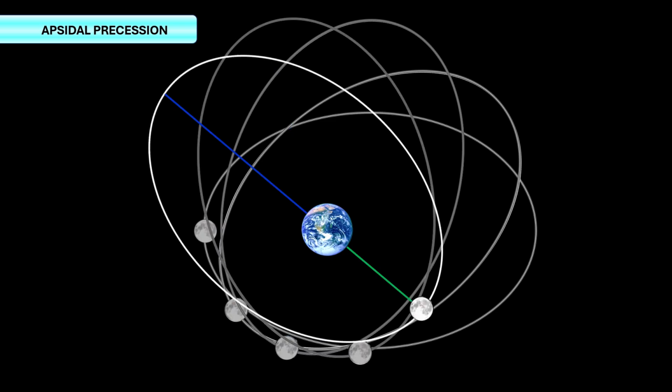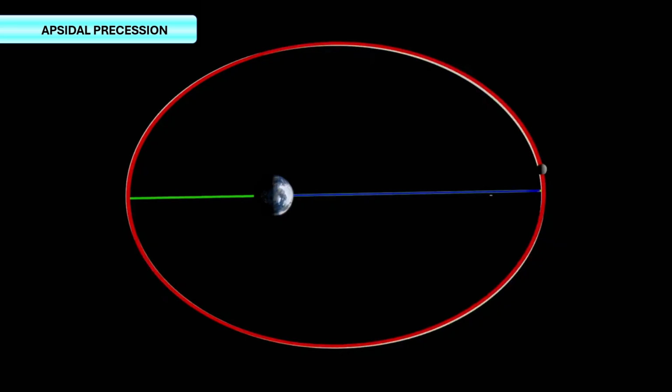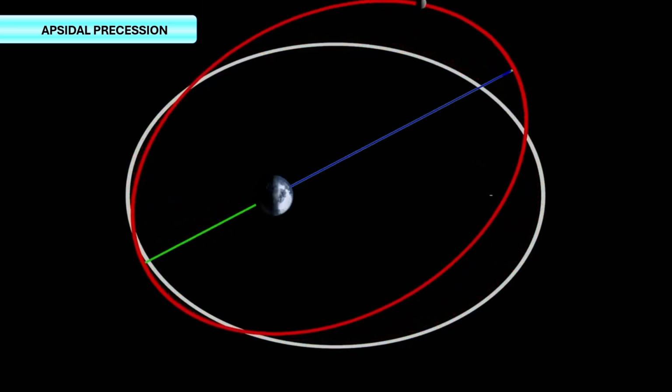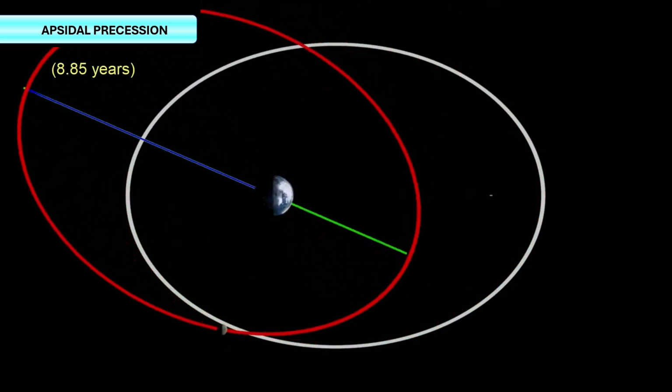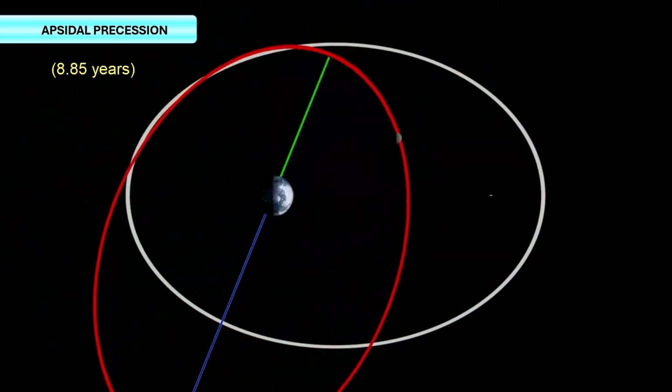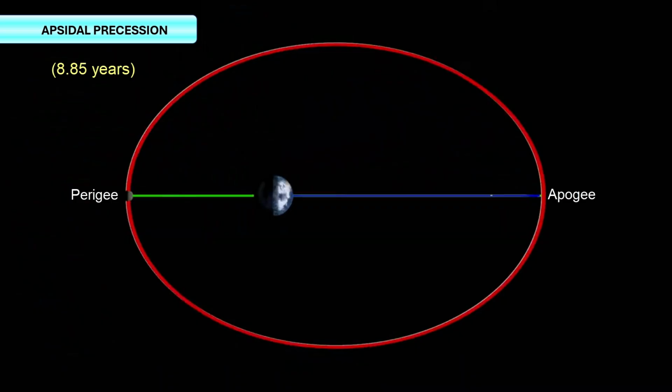This phenomenon is known as apsidal precession. Apsidal precession of the Moon refers to the slow and gradual turning of its elliptical orbit around Earth. A full cycle of this rotation takes about 8.85 years. As a result, the times when the Moon is at perigee or apogee change over time.